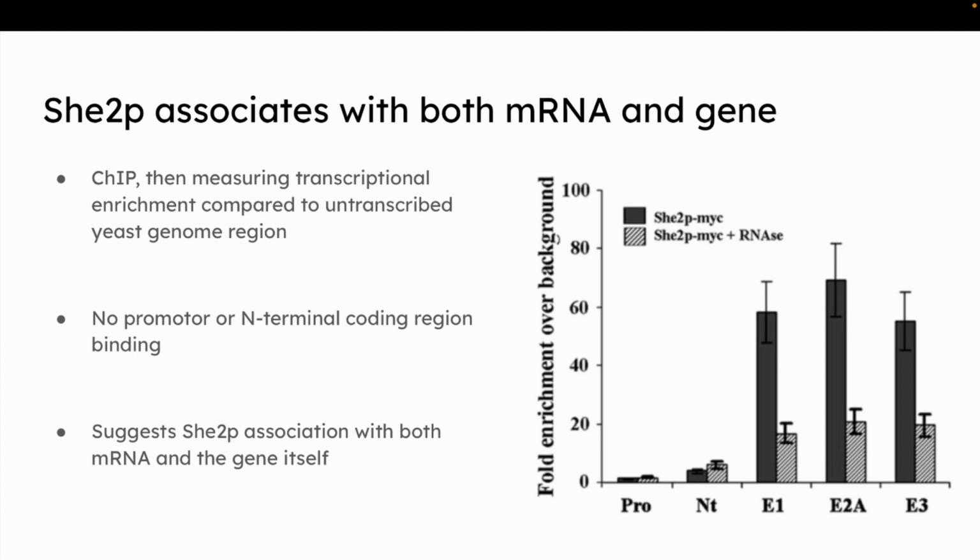And unsurprisingly, they used chromatin immunoprecipitation, ChIP, and what they measured was transcriptional enrichment compared to untranscribed regions of the yeast genome. If you have a higher level, this means more transcription; lower level, less transcription. And what they found was that there was no enrichment for both the promoter and the N-terminal coding region of the mRNA, which kind of makes sense.